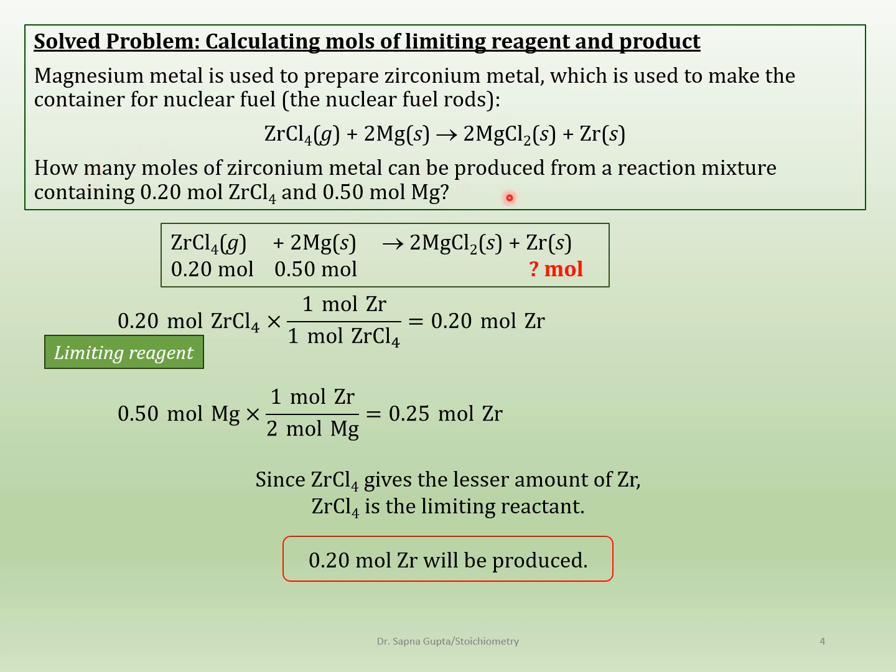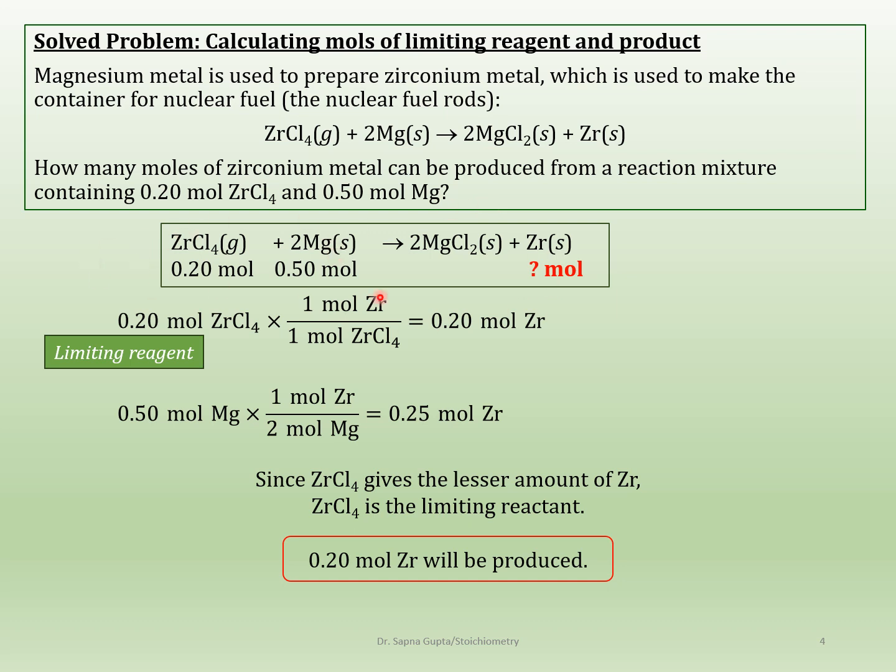First, we are working in moles because we don't have any grams given to us. I'm just trying to introduce you to the concept of limiting reagent. We're not talking about grams yet. It's about mole ratios and moles, and how to set up and understand a problem.